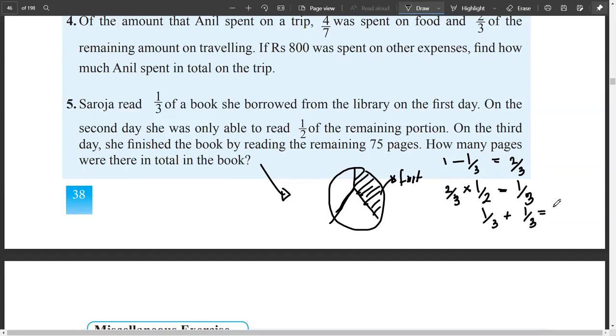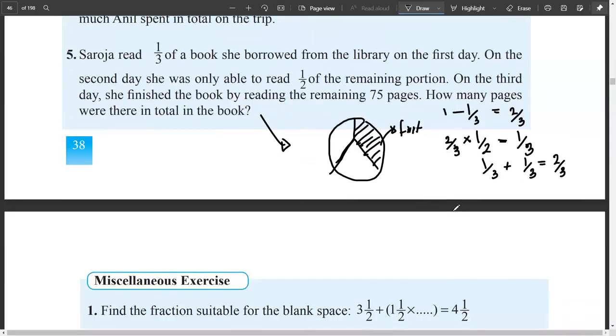The total fraction read was 2 over 3. So now the remaining portion for the third day is 1 minus 2 over 3. It's 1 over 3. So for the last day, she had to read 1 over 3 fraction from the total book.